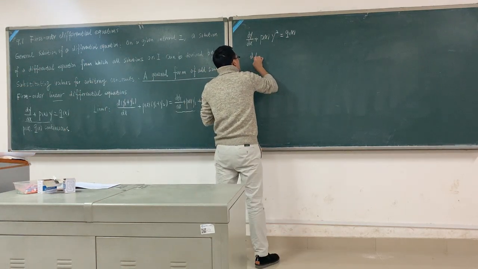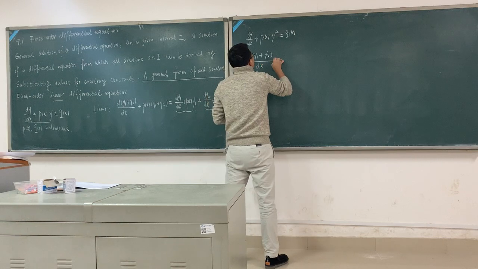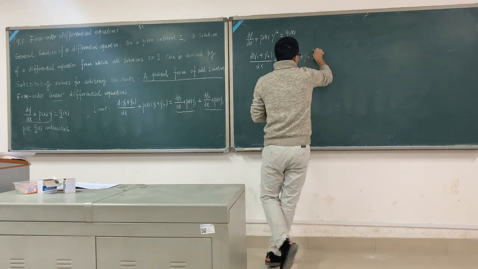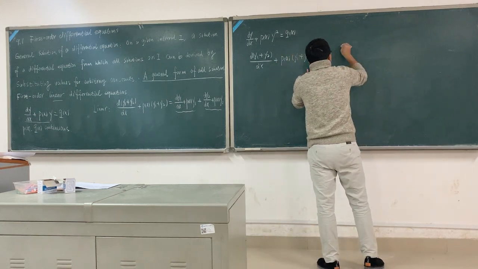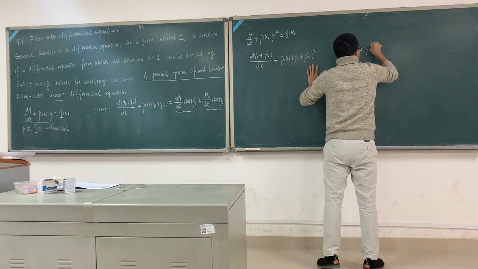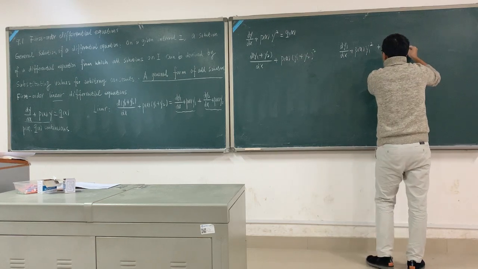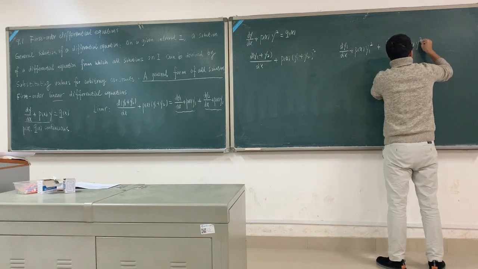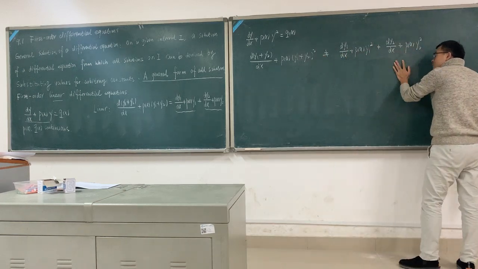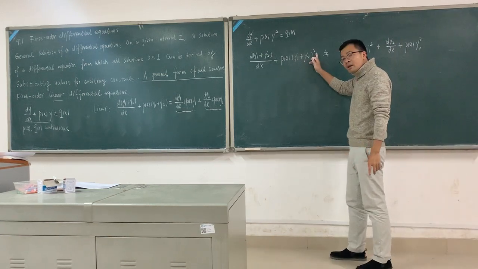Because d(y1 plus y2)/dx plus p(x)(y1 plus y2) squared, and dy1/dx plus p(x)y1 squared plus dy2/dx plus p(x)y2 squared, this one is not equal to this one. The left hand side is not equal to the right hand side, because here we have a square.